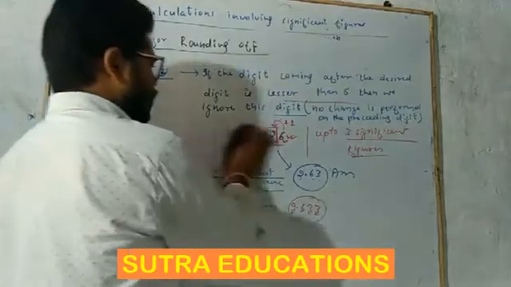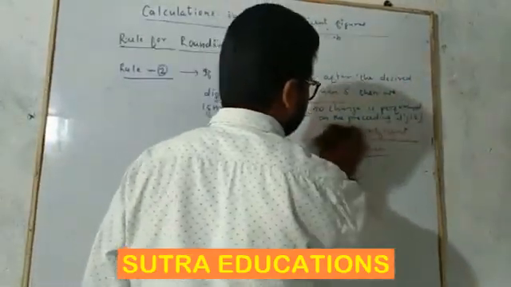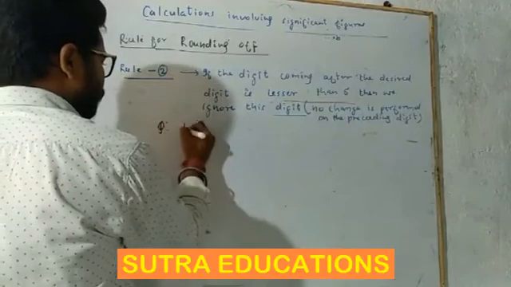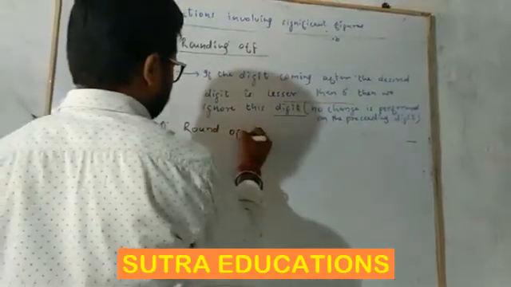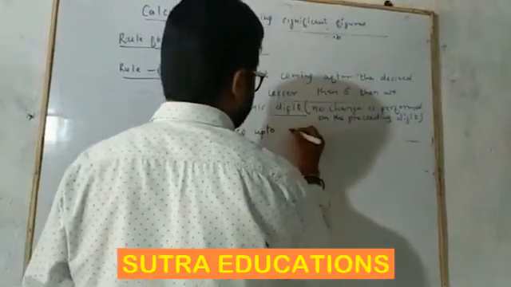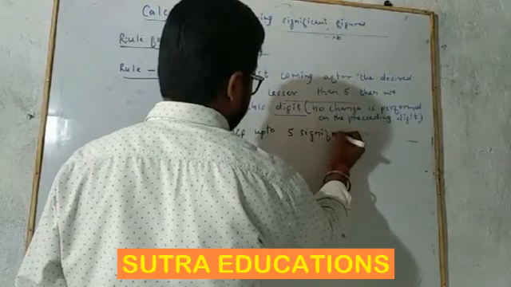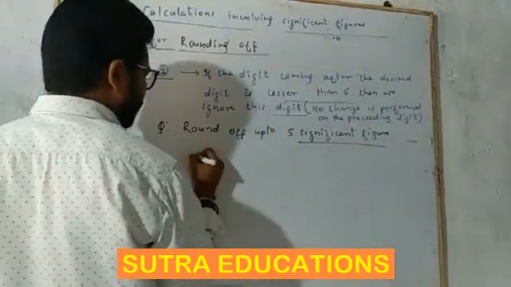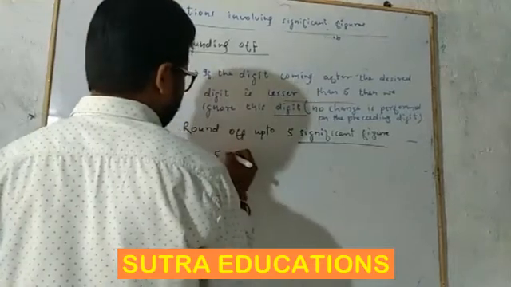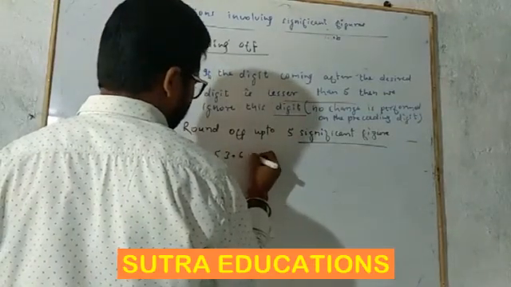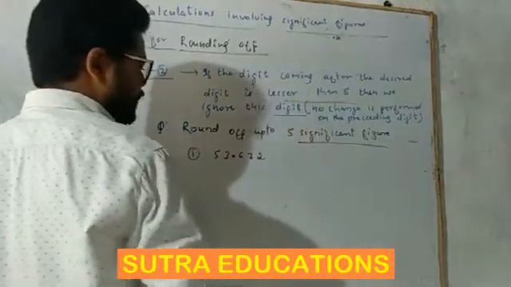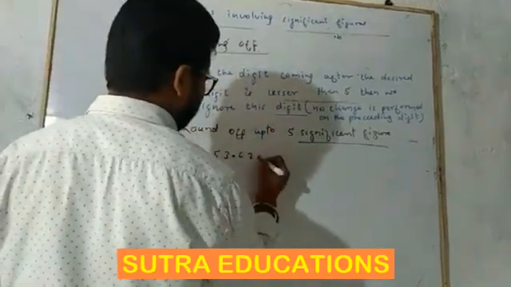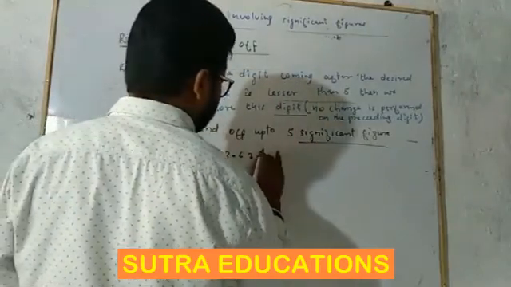Again, I am giving you some examples. The question is to round off up to 5 significant figures, and you have been given one number, 53.674, where the digit after the 5th significant figure is 2, lesser than 5.